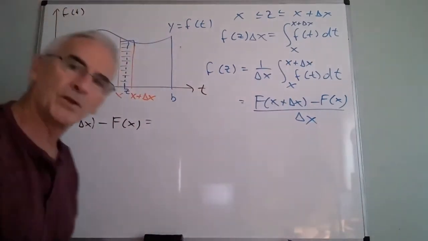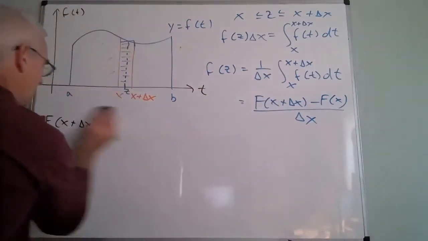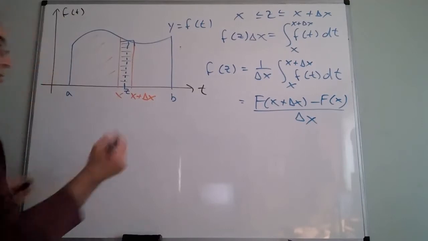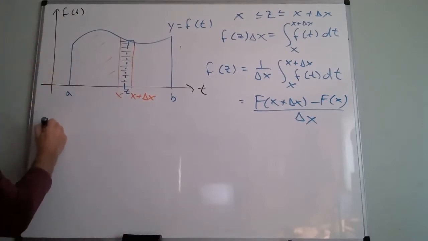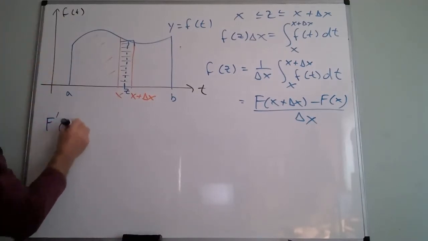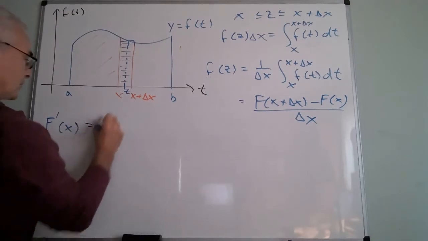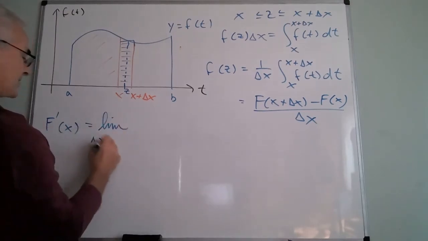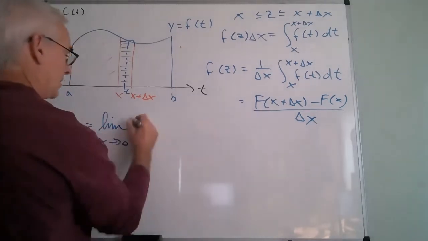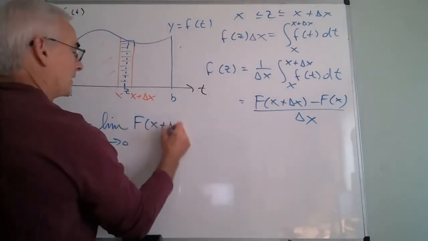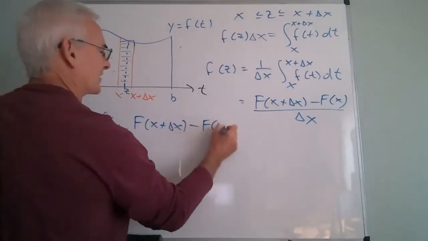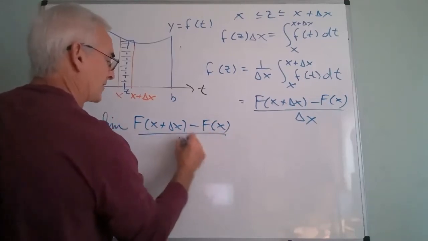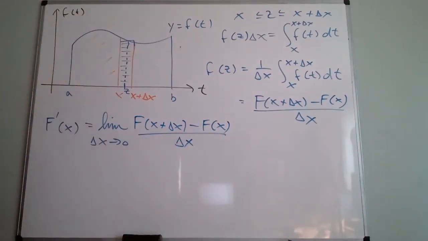So what if we took a limit? Well, let's see, do you all agree with the following statement? That F prime of x, this is capital F, is equal to the limit as delta x goes to 0. Because when we said this kind of looks like the definition of the derivative, well, as soon as I throw a limit in there, it is the definition of the derivative.